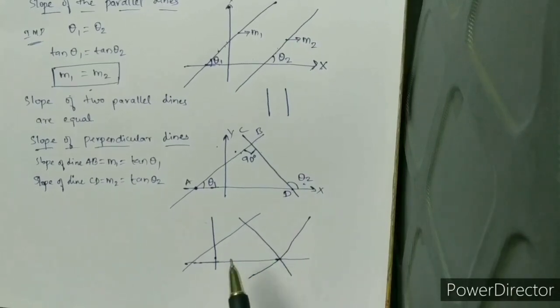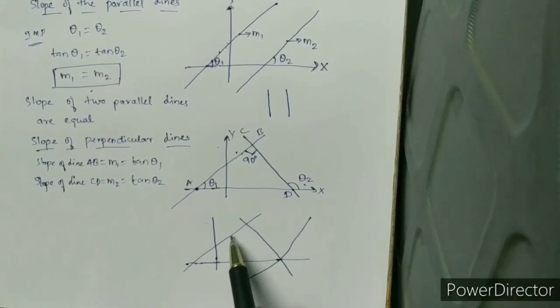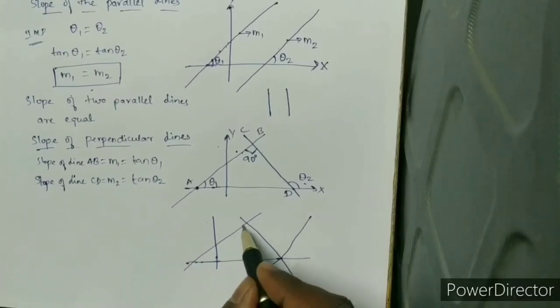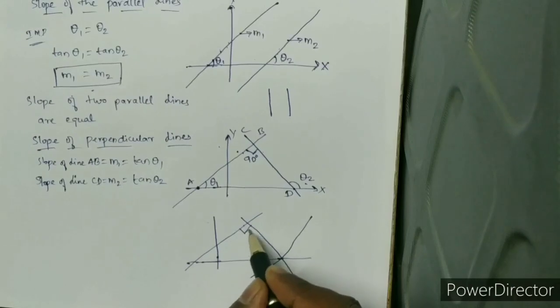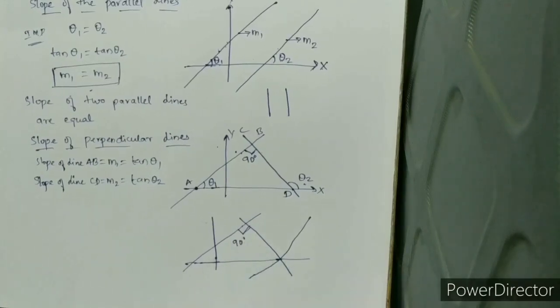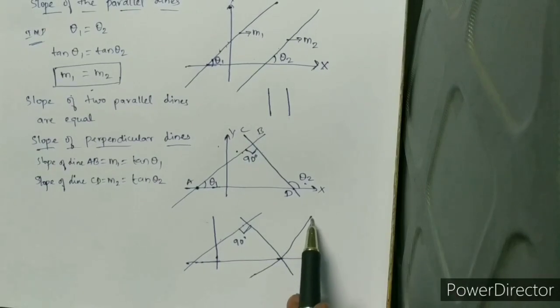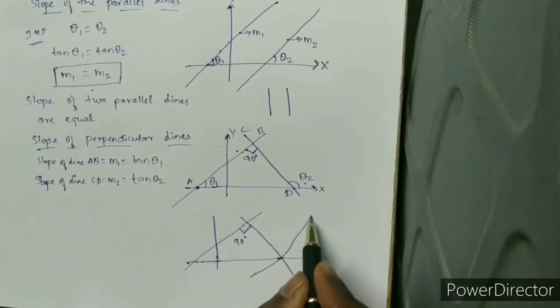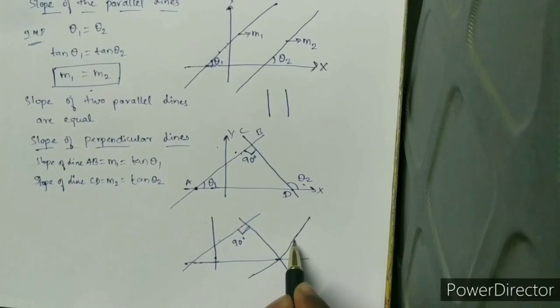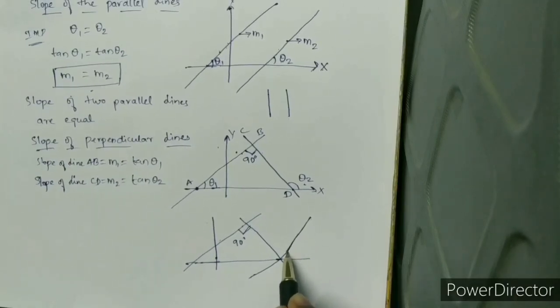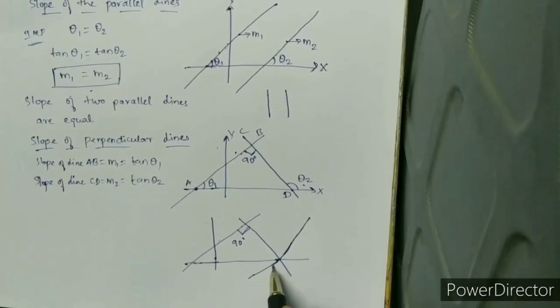So for that, look at this diagram. See, you can see these two lines are perpendicular. So that means the angle between these two lines is 90 degrees, and these two lines are parallel. If this doesn't seem to be parallel, please don't mind this. I meant to draw a straight line.